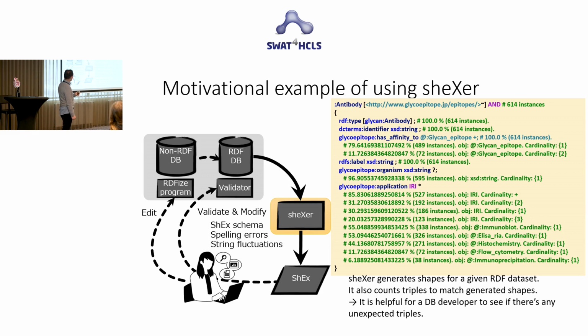If you see this statistical data, you can check, oh, this is an outlier, or this is an unintended one. By checking this, you can modify or edit your program to generate the RDF dataset. So SHECL is very useful for maintaining or developing an RDF dataset.